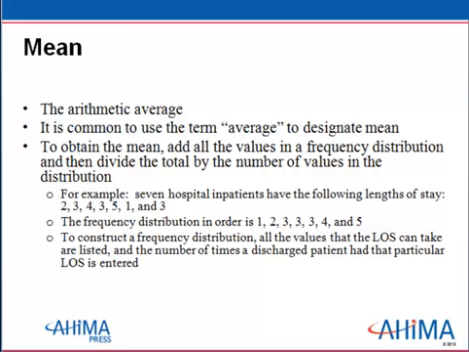The mean is the arithmetic average. It is common to use the term average to designate mean. It is computed by dividing the sum of all scores by the total scores. So in the example on your slide here, we have 7 hospital inpatients with the length of stays listed. We would order them in the frequency distribution, and then we can sum and get our mean.